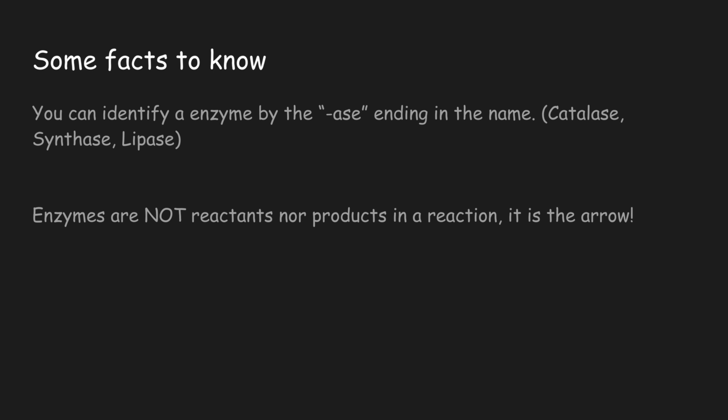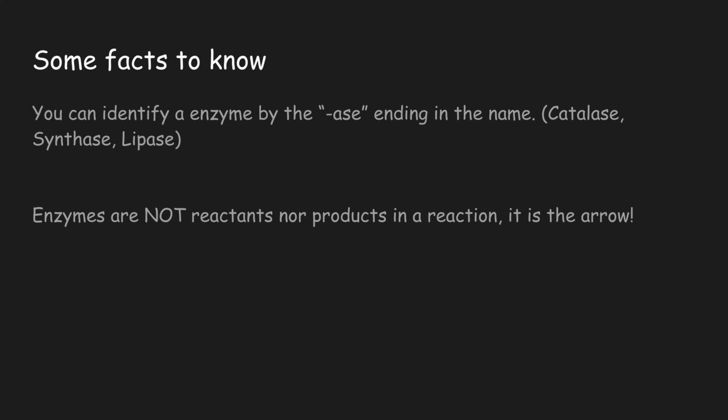Some facts to know about enzymes. You can identify an enzyme with the ase ending, the suffix ase: catalase, synthase, lipase. These are all enzymes, and you can see the ase at the end, and that will tell you that it is an enzyme. Enzymes are not reactants nor products in a reaction. It is the arrow. So think, like in chemistry, let's just go with photosynthesis.